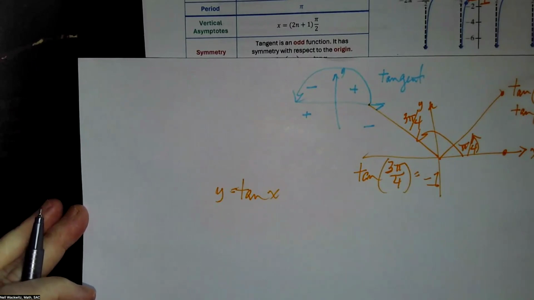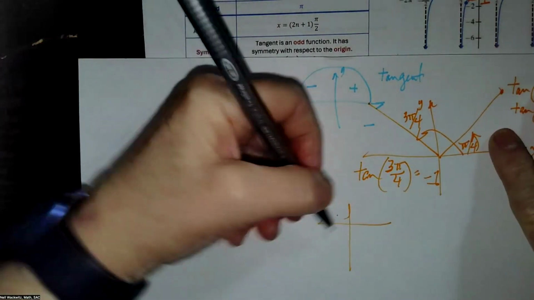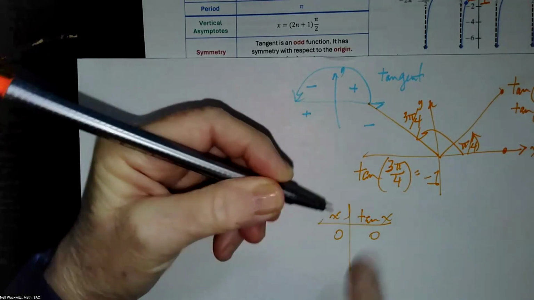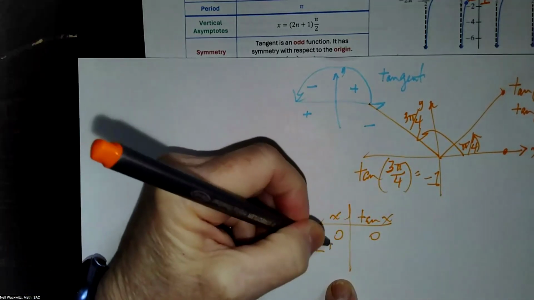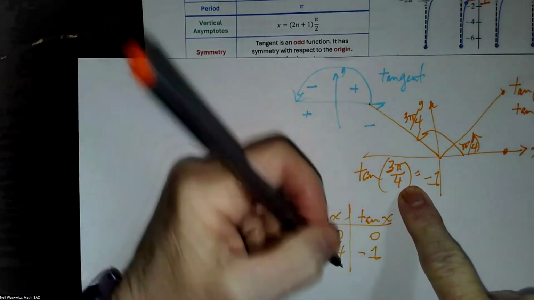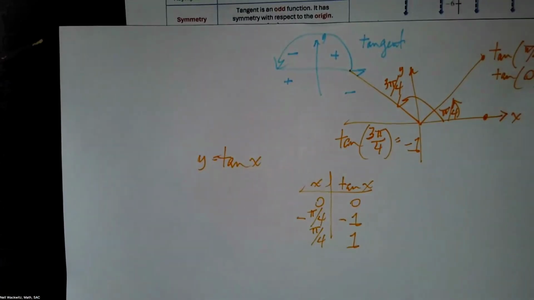Oh, thanks, Ben. Okay. So we know that at 0, we get 0. At negative pi over 4, we get -1. At pi over 4, we get 1. So we're sort of expanding out.